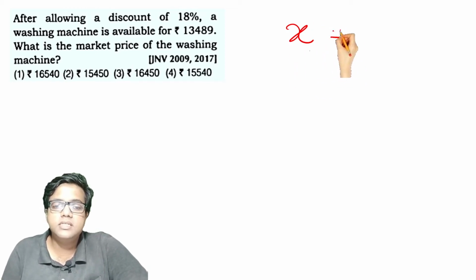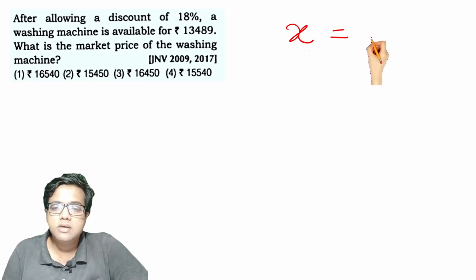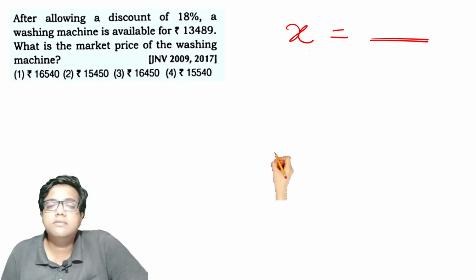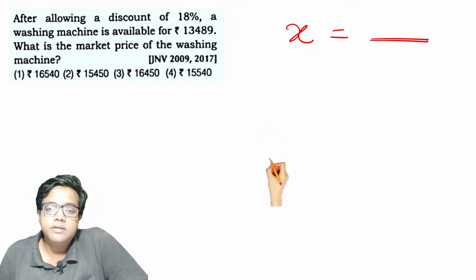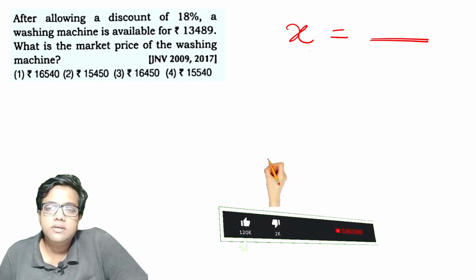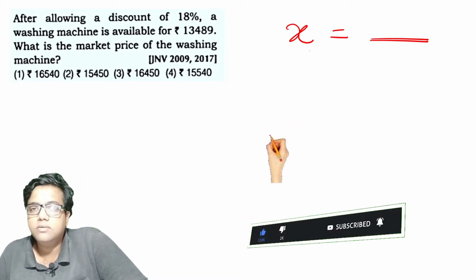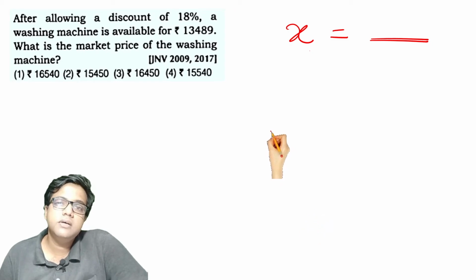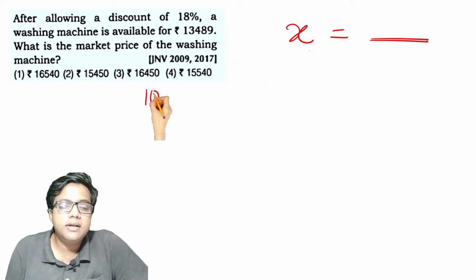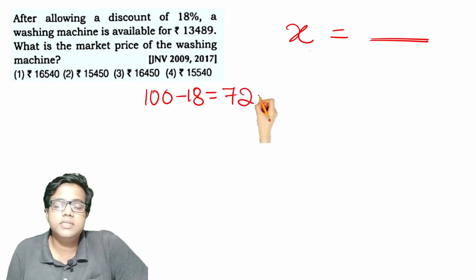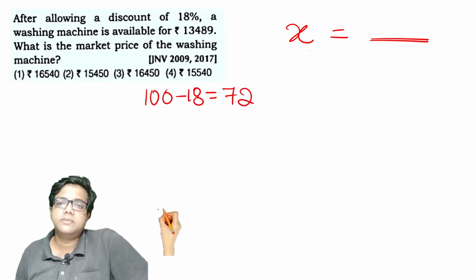So initially the washing machine was kept at X rupees without any discount, which we don't know. You gave an 18% discount here. So what is the left out percentage after giving 18% discount? That is 100 minus 18, which gives you 72%. Is it 72?